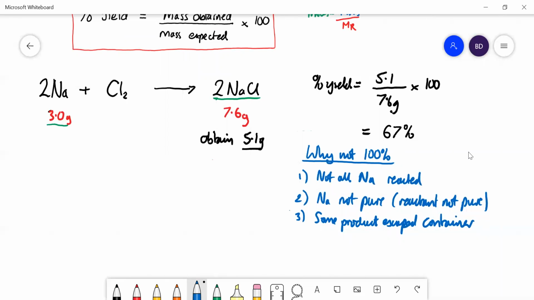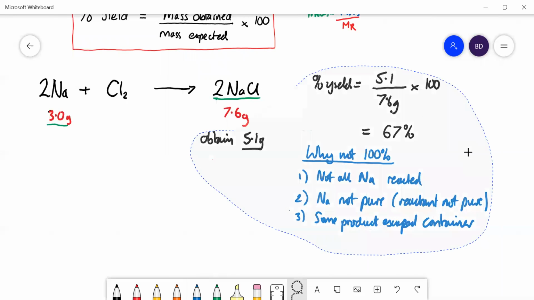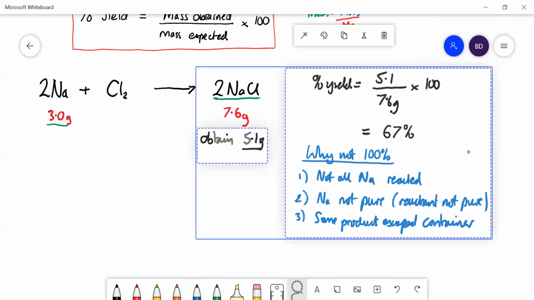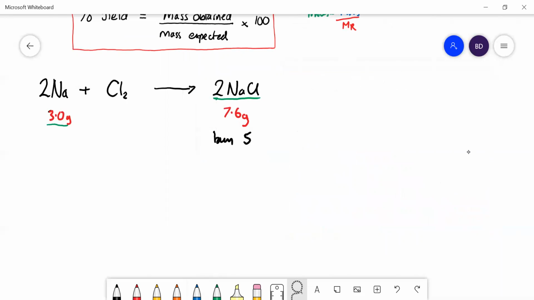Right, just before we finish, let's recap how we would know the expected amount. As I said a minute ago, we do a reacting mass calculation, which is the subject of another video. So let's do one here.